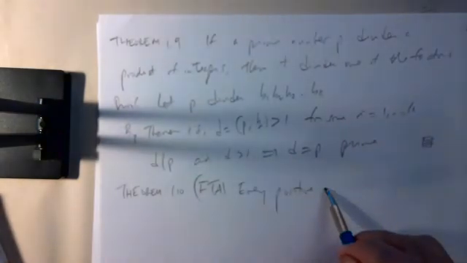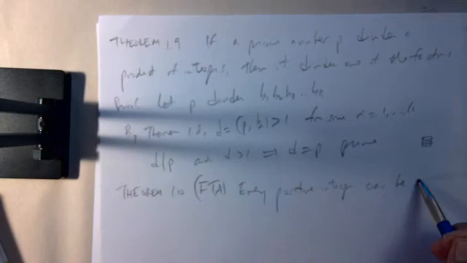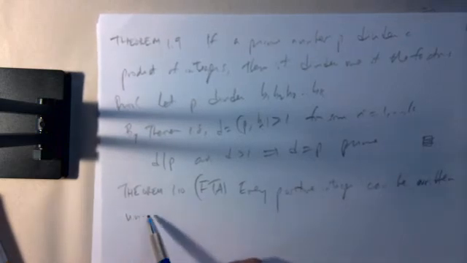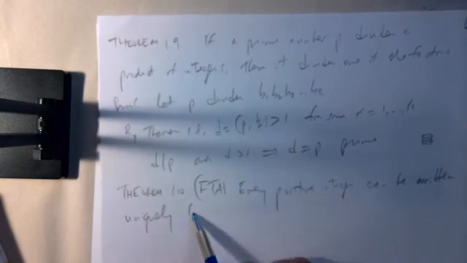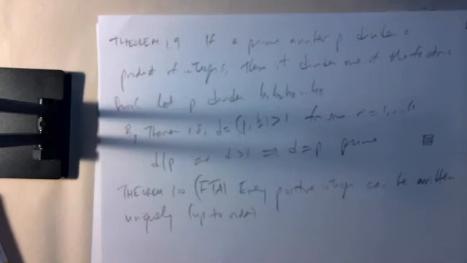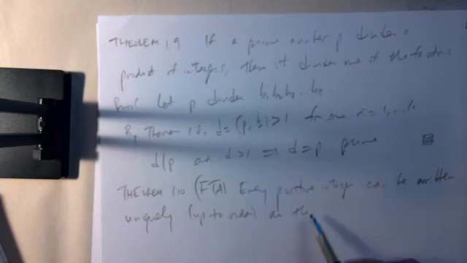Every positive integer can be written uniquely up to order, that just means 2 times 3 is the same as 3 times 2, because it's just an ordering change in the 2 primes, as the product of prime numbers.